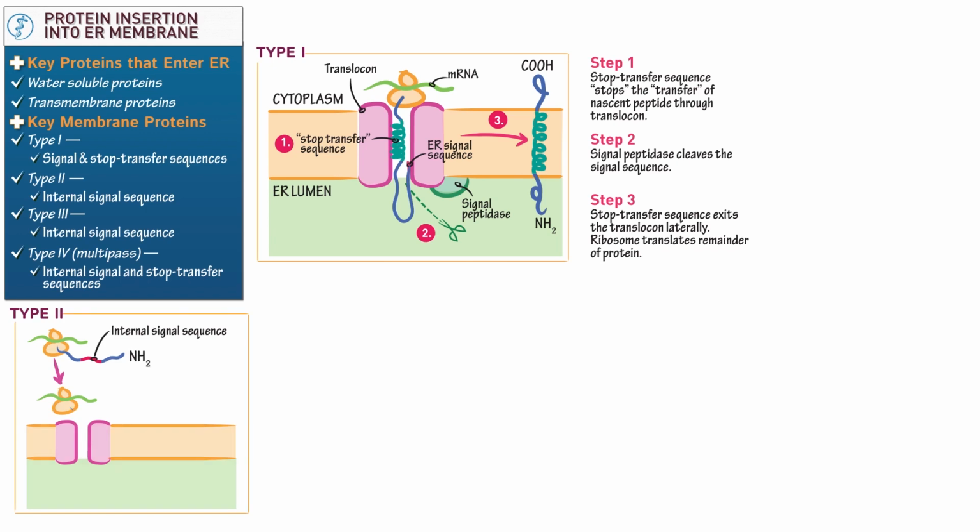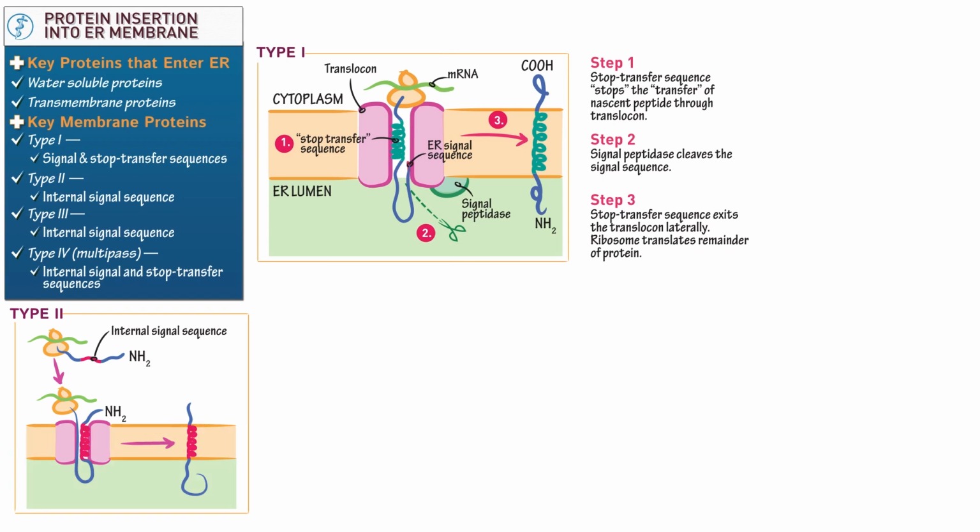Illustrate that the internal signal sequence acts as an alpha helix domain and binds to the translocon. This transmembrane alpha helix anchors the protein in the membrane. Finally, use an arrow to show that, much like the stop transfer sequence in our type 1 diagram, the internal signal sequence exits the translocon laterally in the membrane.